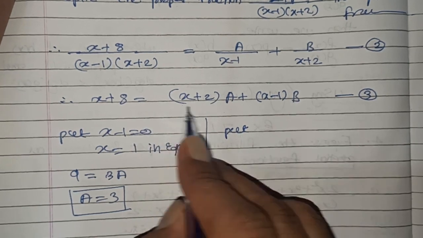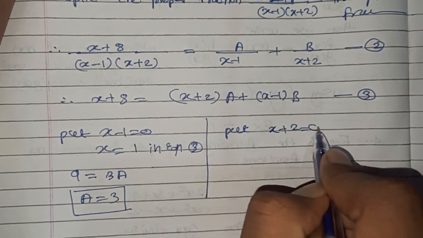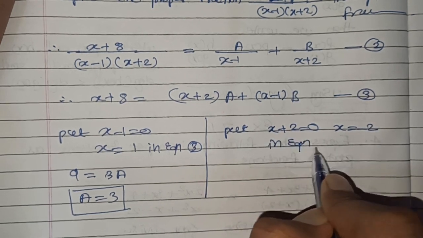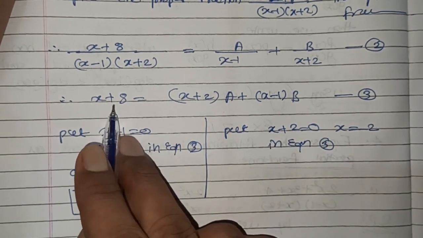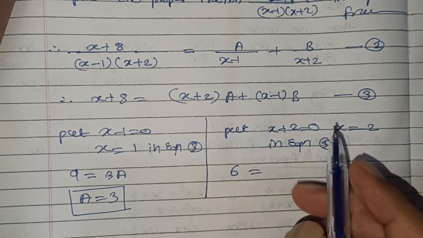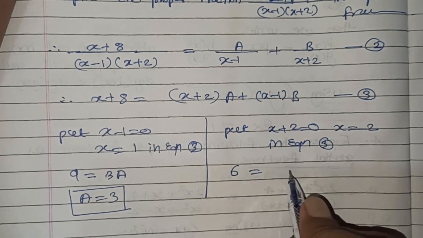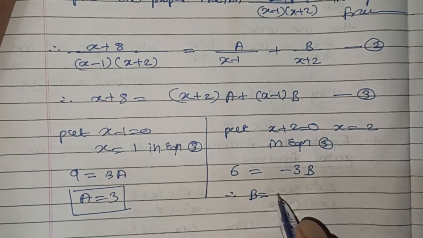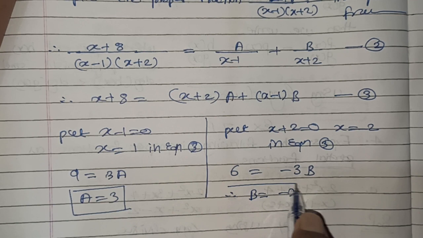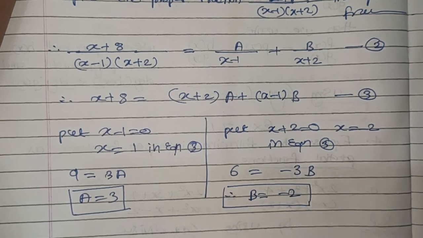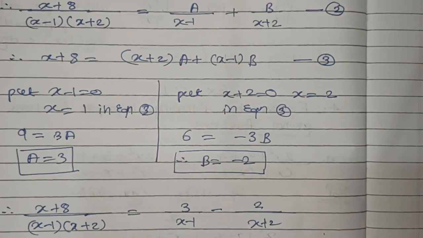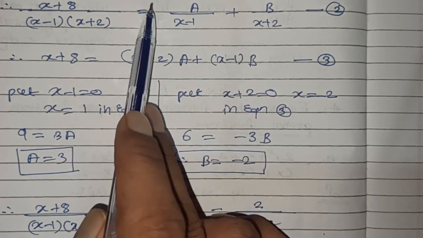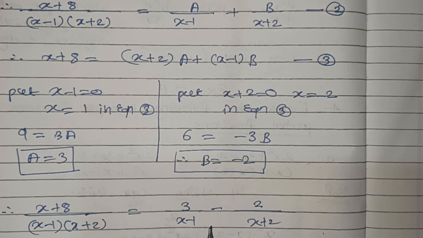To find b, put x plus 2 equal to 0, that means x equal to minus 2 in equation number third. Here we get 6 equal to 0 plus minus 3b, so we get b equal to minus 2, and hence by equation number 2 we get that proper rational function into a partial fraction.